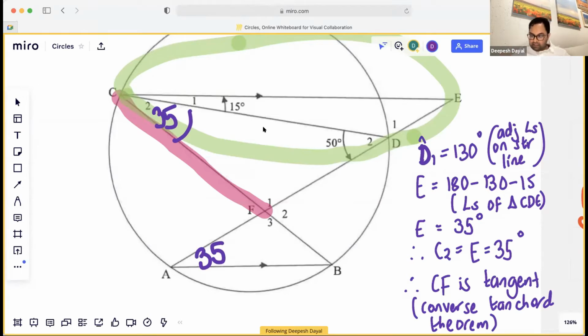Okay, so again, we've got D1 is 130 because it's on a straight line. And because we've got a triangle here, CDE, we can find E using angles of a triangle. So this will be 35 degrees. Therefore, C2 equals E, and it's a tangent because it's the converse of the tan-chord theorem.